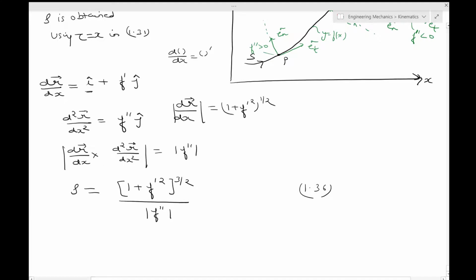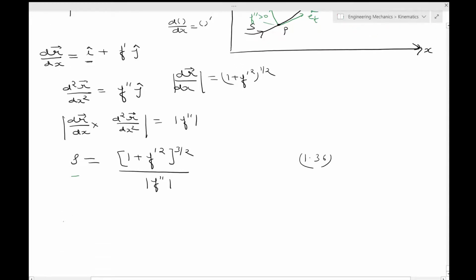So this is how you get the rho, and you can see that both the single and the double derivative of this trajectory play a role in defining rho, not how fast the particle, the point, is moving. You can also say in this graph that tan of psi is equal to dy by dx.